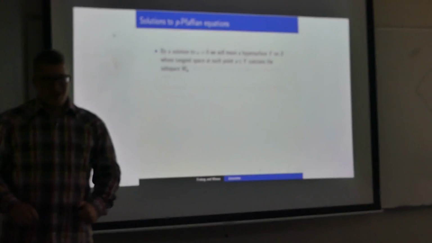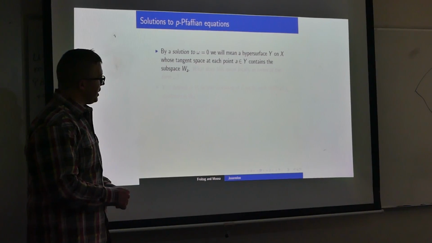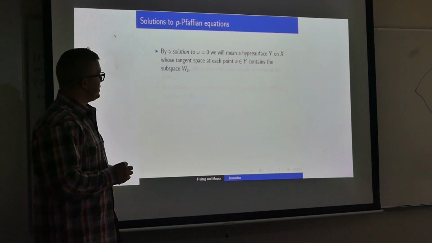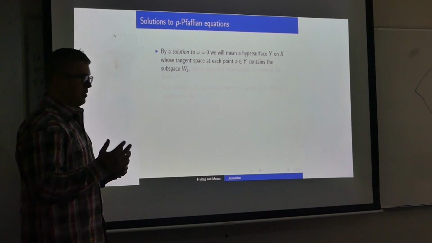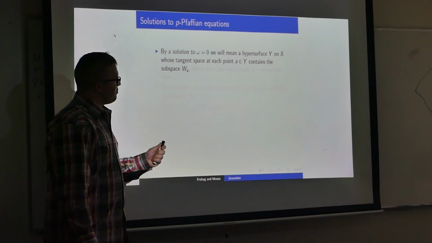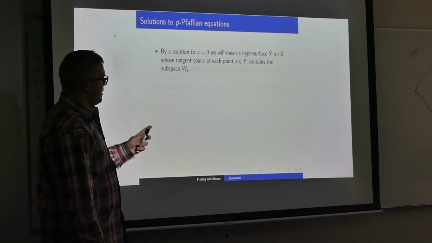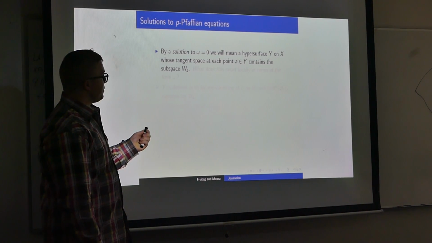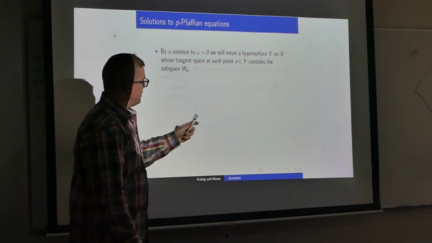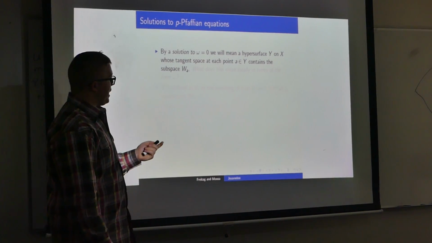All right, now I have to say what I mean by a solution. By solution, I'm only going to be looking at hypersurfaces in my original manifold or variety. And so by solution, what I mean is that it's a hypersurface so that at each point a in Y, I contain the subspace.